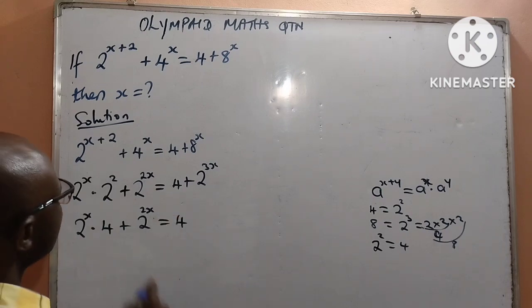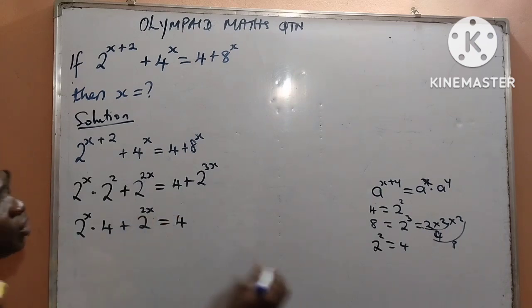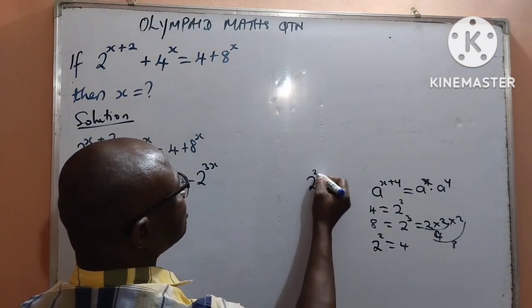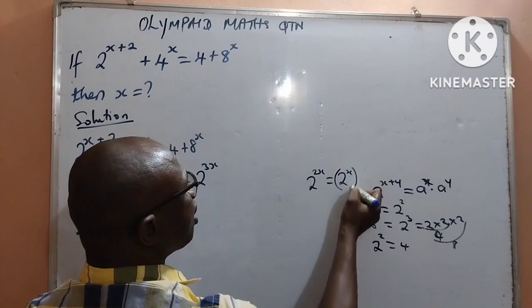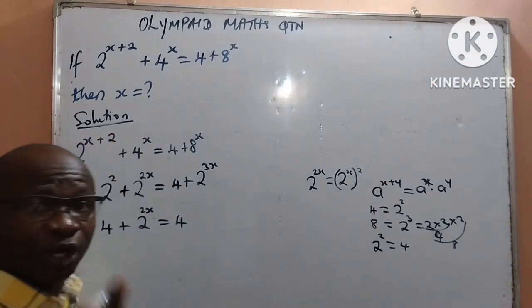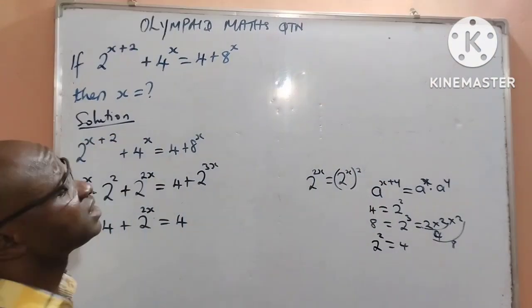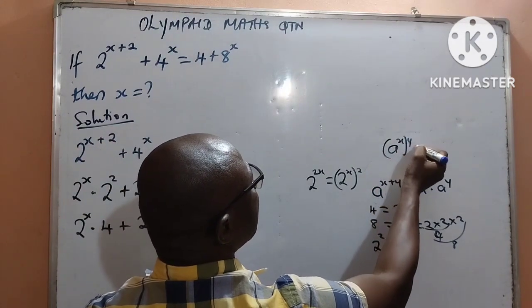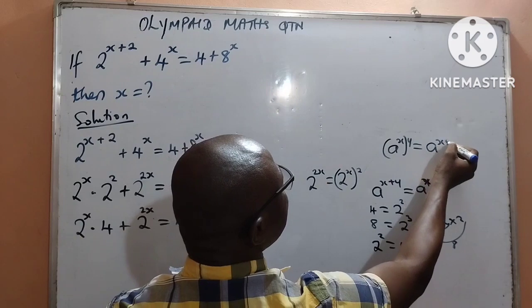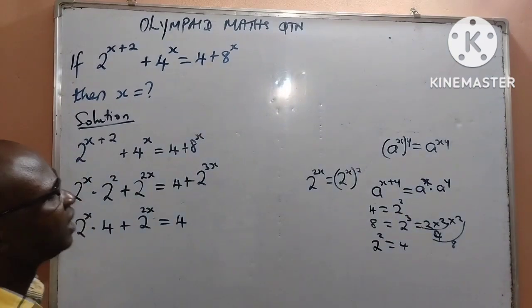Alright, I want to correct a little thing here. I want to write 2 to the power 2x as 2 to the power x, all to the power 2, because of the power law of indices that says that if I have a to the power x, all to the power y, it is equal to a to the power xy.